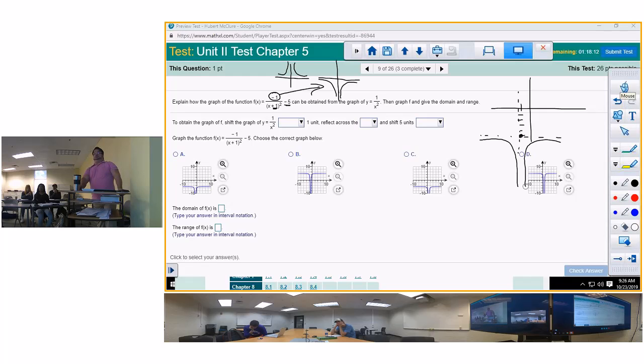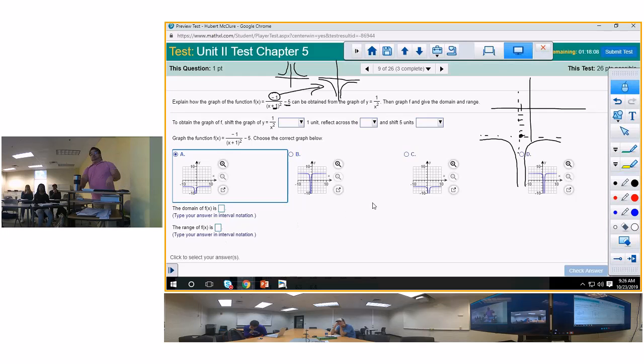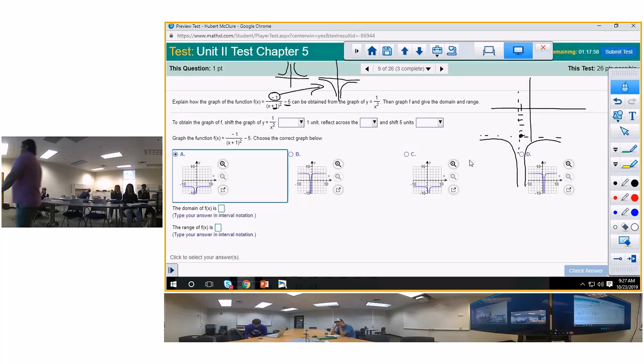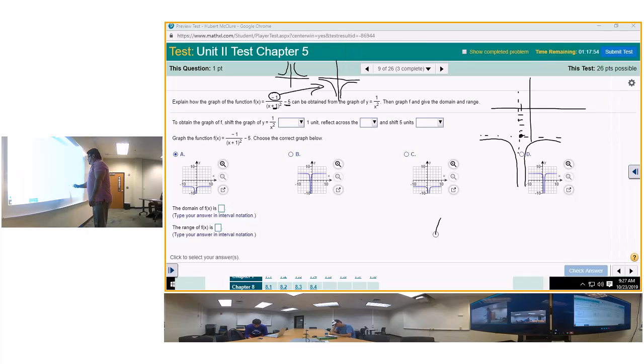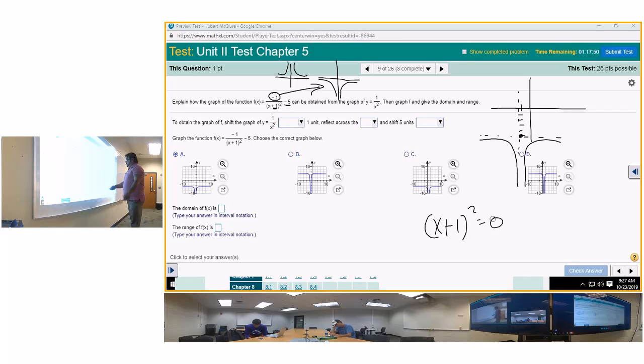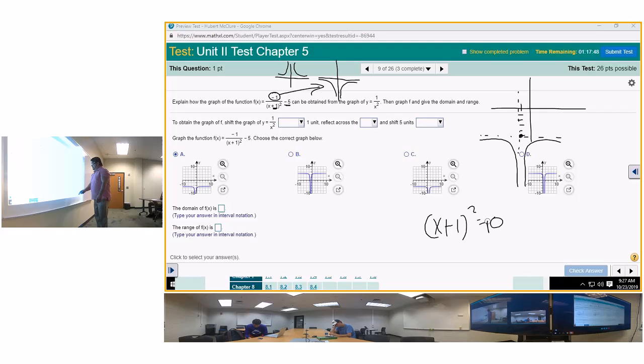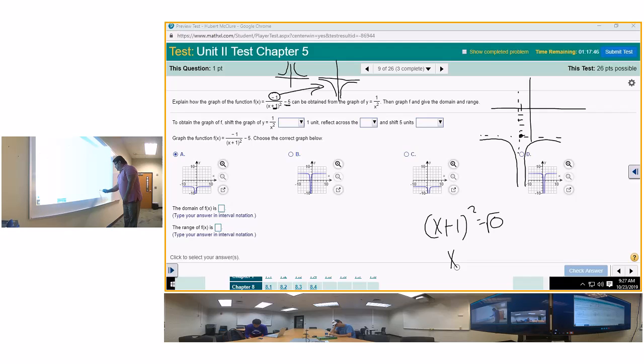I'm not doing all that. But, domain. Domain is not all real numbers because you have to set the denominator equal to 0. So you can't have 0 in the denominator. So x plus 1, quantity squared, is equal to 0. Square root of 0 is 0. X plus 1 is equal to 0.